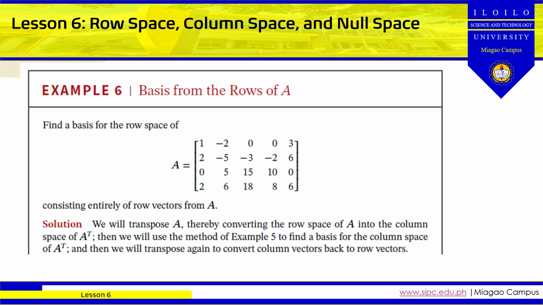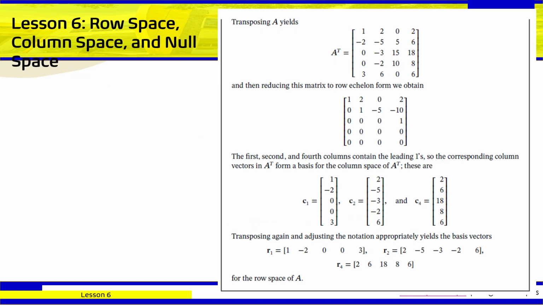Then we will use the method of example 5 to find a basis for the column space of A transpose, and then we will transpose again to convert the column vectors back to row vectors.